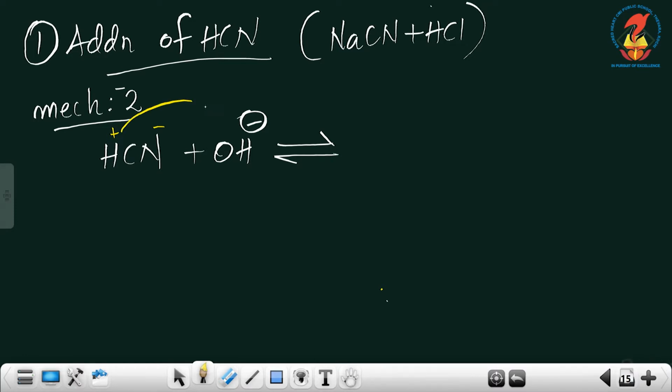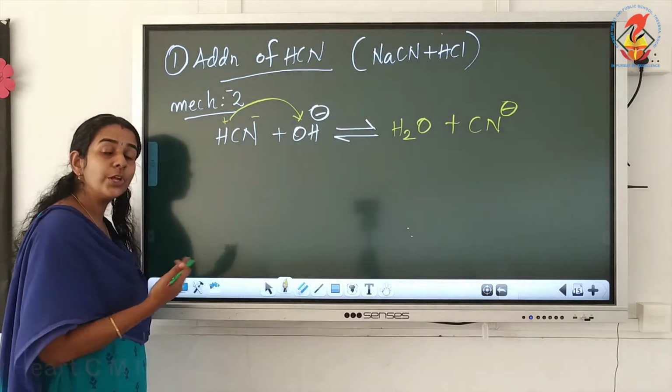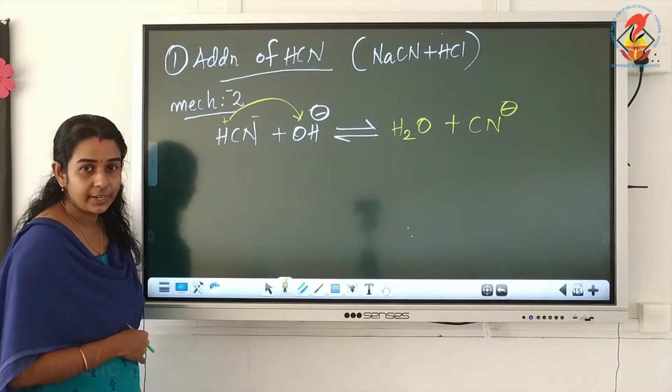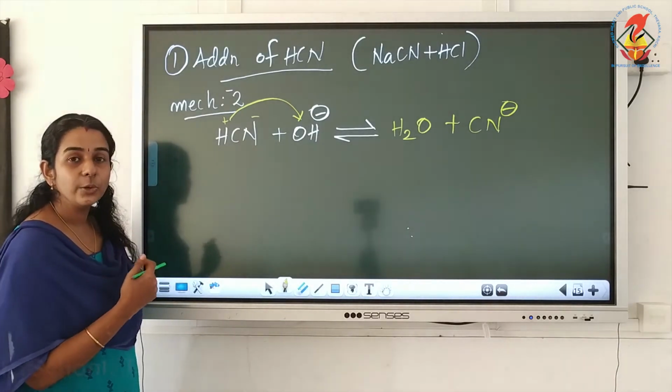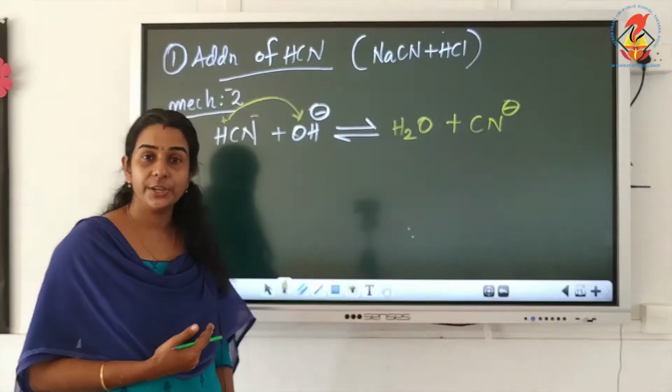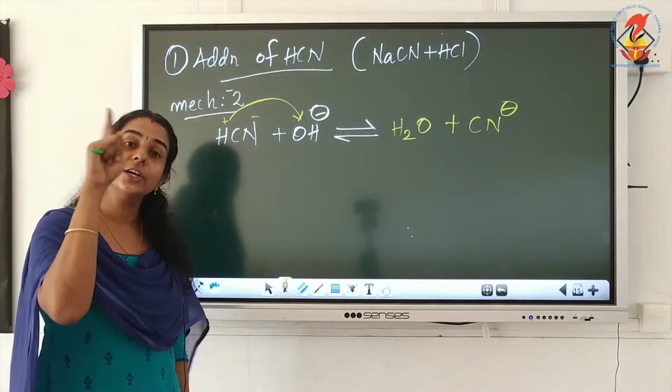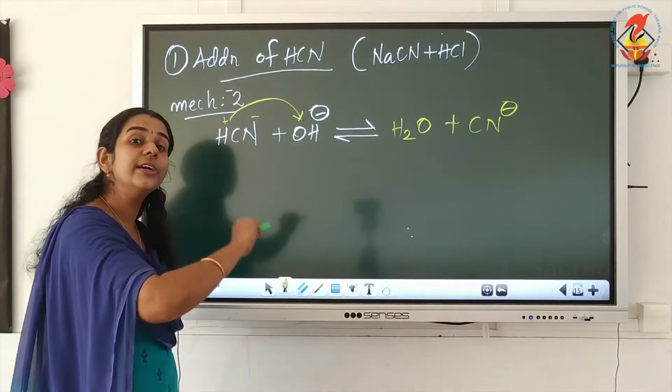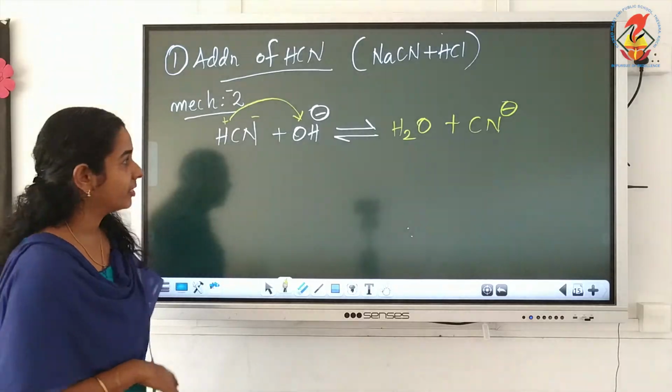That H plus will be taken away by this OH minus, so OH minus plus H plus gives H2O, plus CN minus. So, in HCN, the nucleophile present is CN minus. In the first step, the release of nucleophile takes place, because we know that in nucleophilic addition reaction, the step 1 is attack of nucleophile in a perpendicular direction to the reactant.